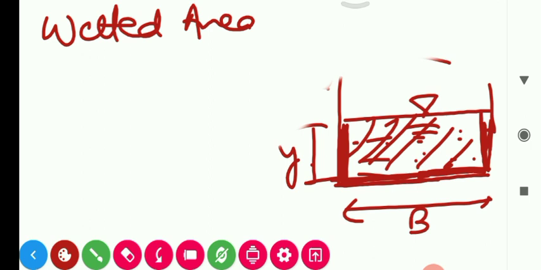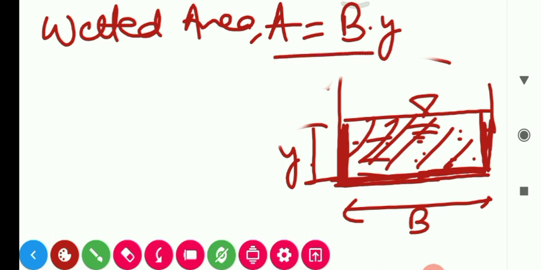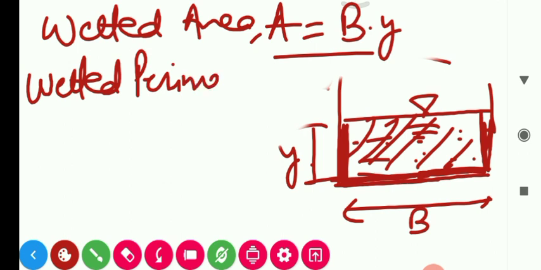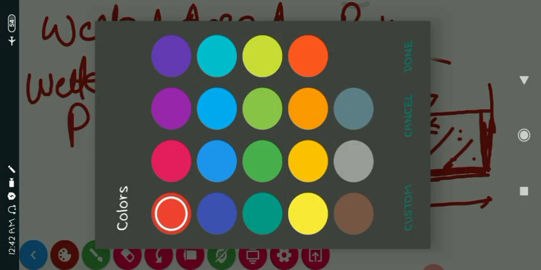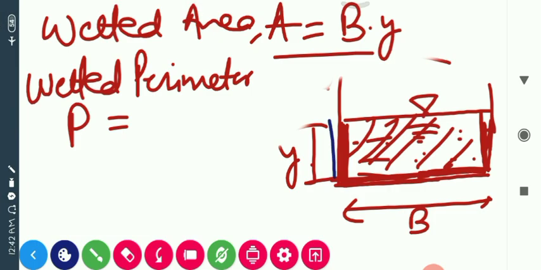Okay, what is the value of wetted area? A is B into Y. Okay, what is wetted perimeter? P is this one plus this one plus this one.